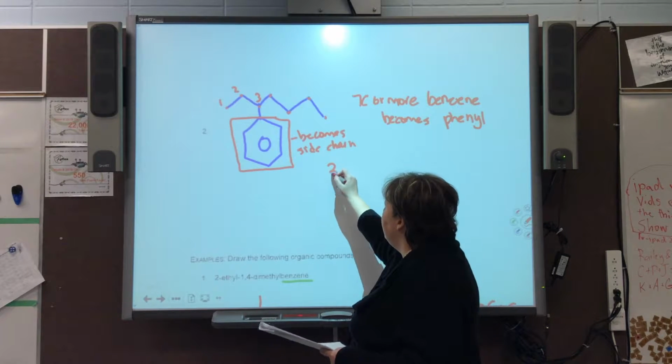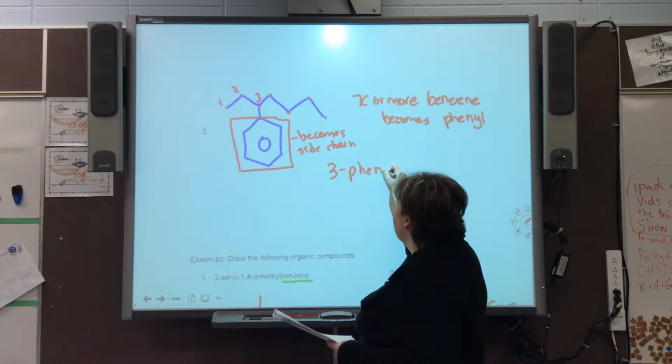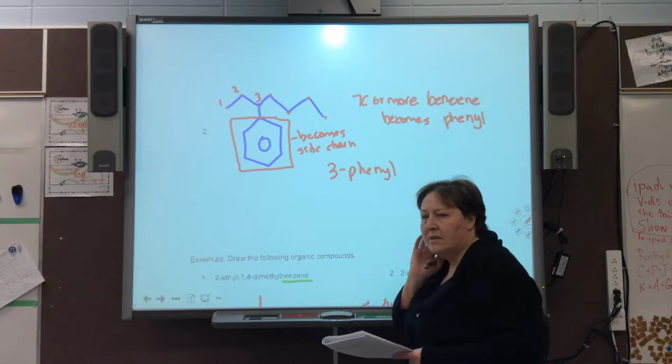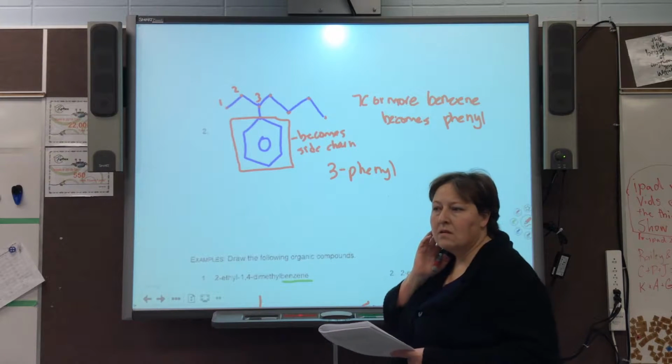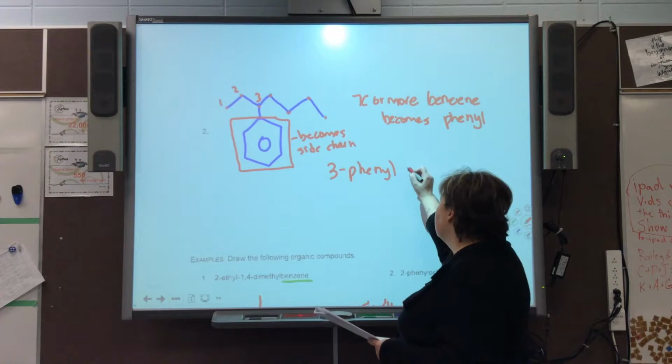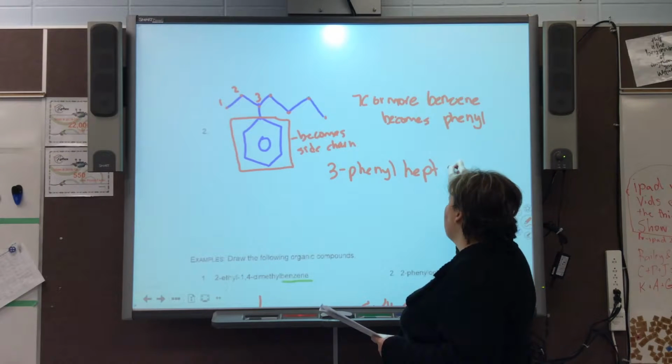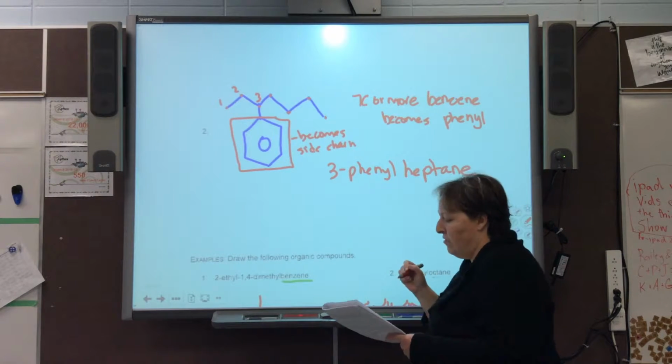So this would be 3-phenyl. 7 carbons, heptane. Okay, 3-phenylheptane.